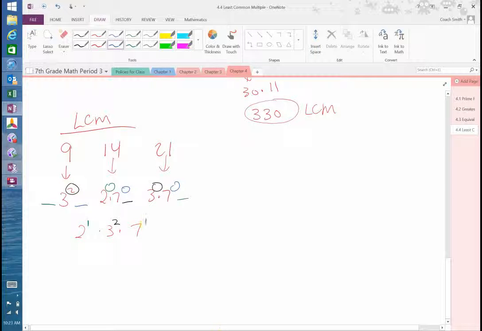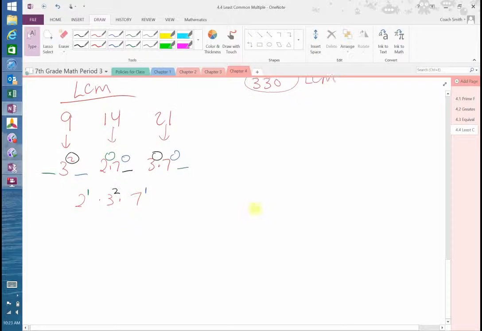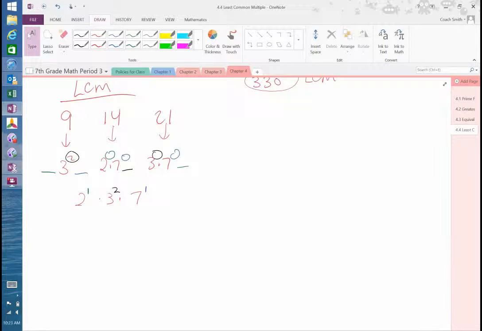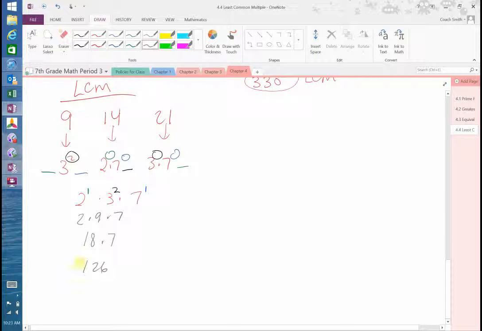So I use 7 to the first. Now I multiply. 2 times 9 times 7. 2 times 9 is 18, times 7. 18 times 7 is 126, and that's the LCM.